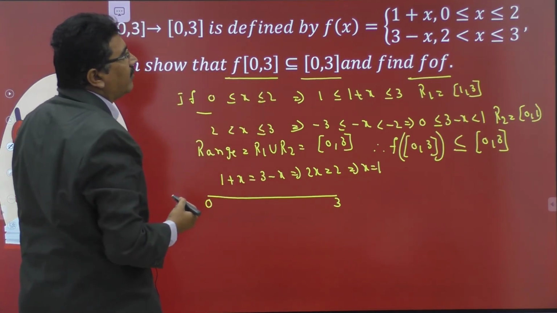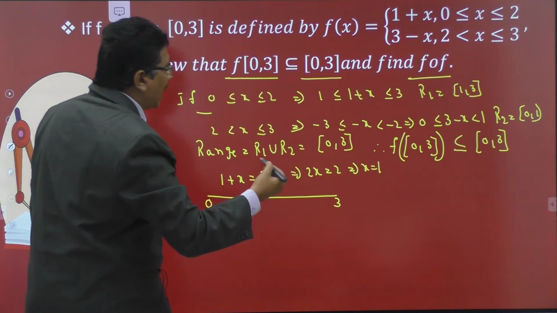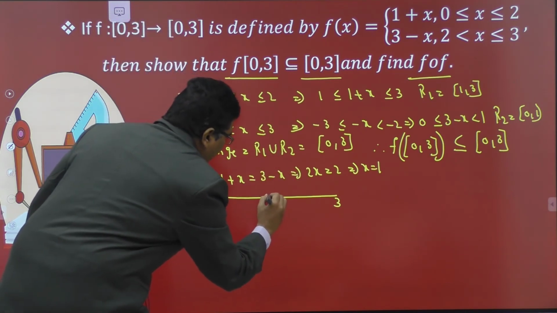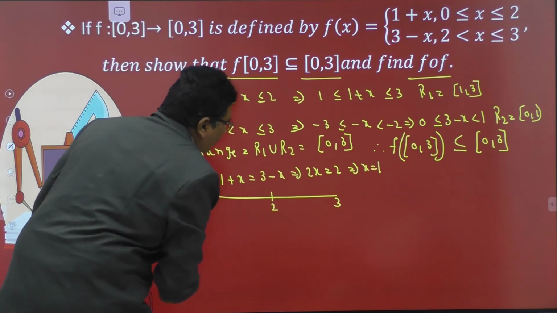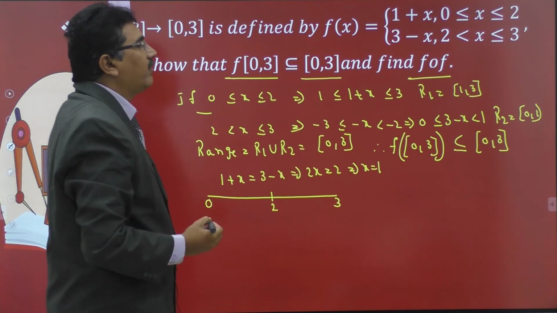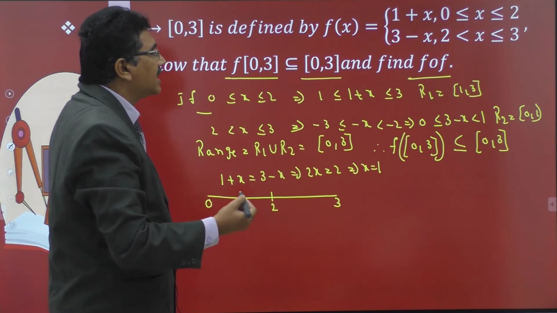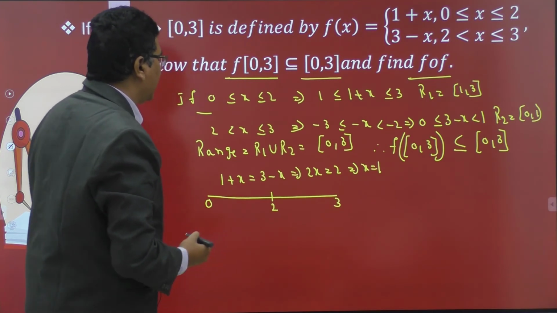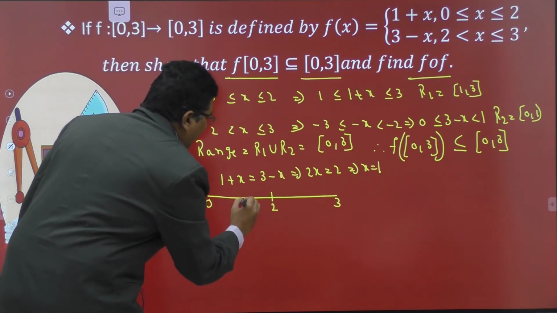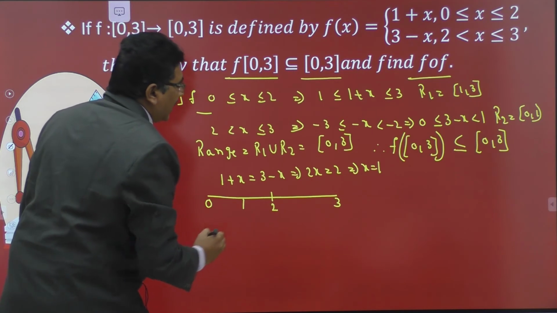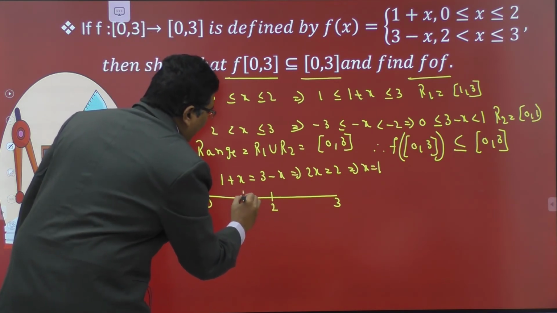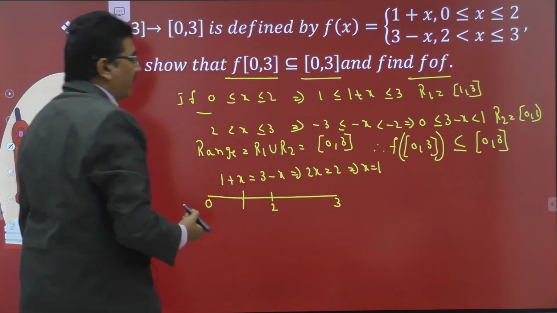For defining f of x, 0 to 2 and 2 to 3. Now, for finding f circle f, the domain can also be divided 0 to 1, 1 to 2 and 2 to 3.